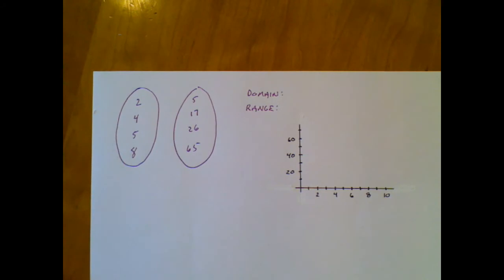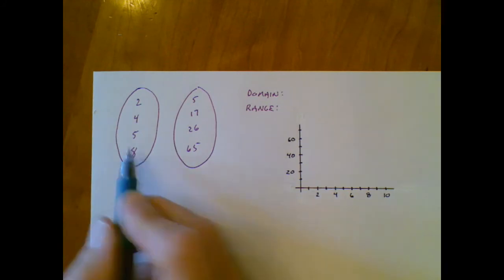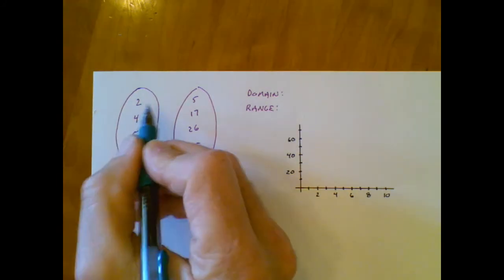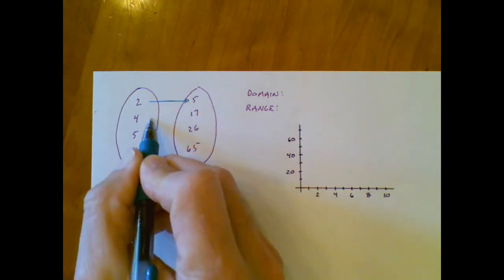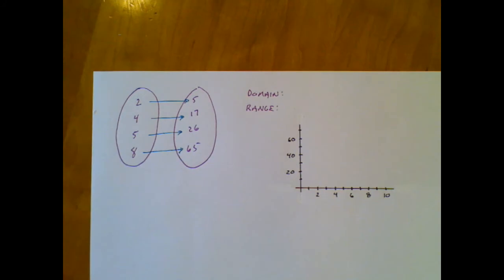So now you're looking at a new scenario. We don't have the equation that led to this relation, but that's okay. You don't have to have that equation. You just know that in the case here, I see my inputs and my outputs. I could put this into a table, a t-chart, ordered pairs.